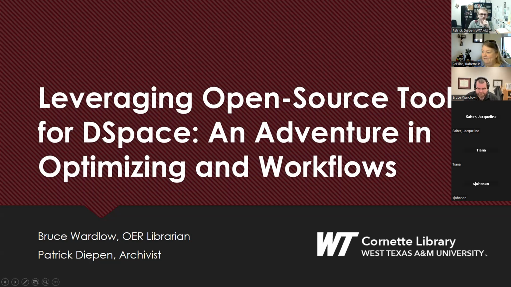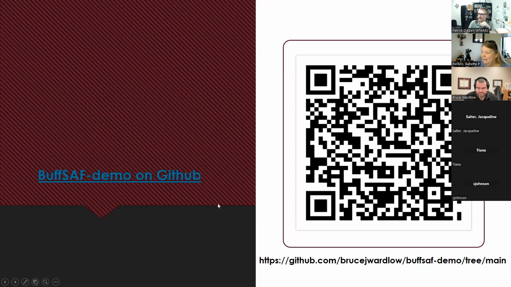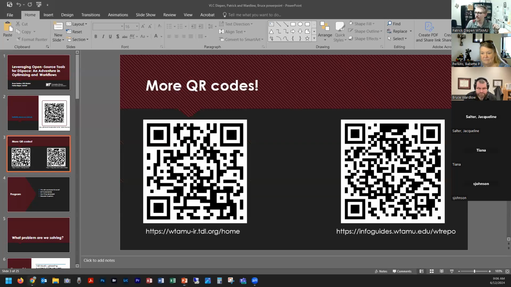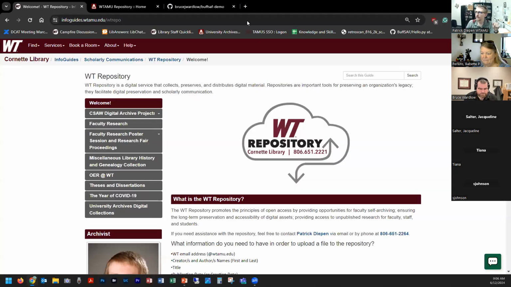So let's go ahead and go on to the next. I have some QR codes throughout this. Babette will be putting them in the chat for you to follow along. If you want to try the program, you want to look for the in-site version here.